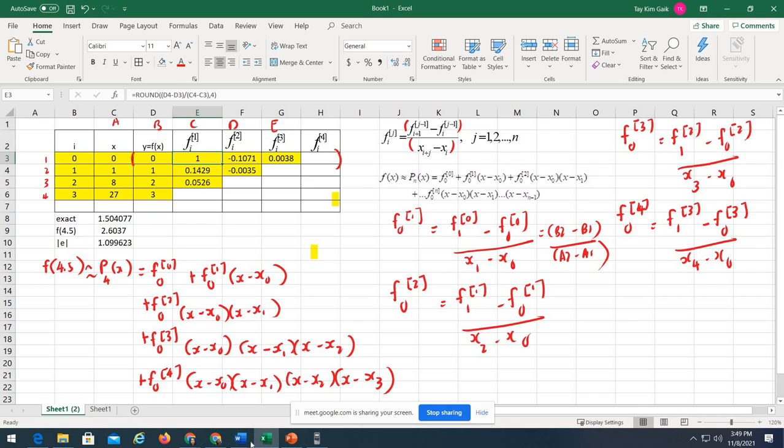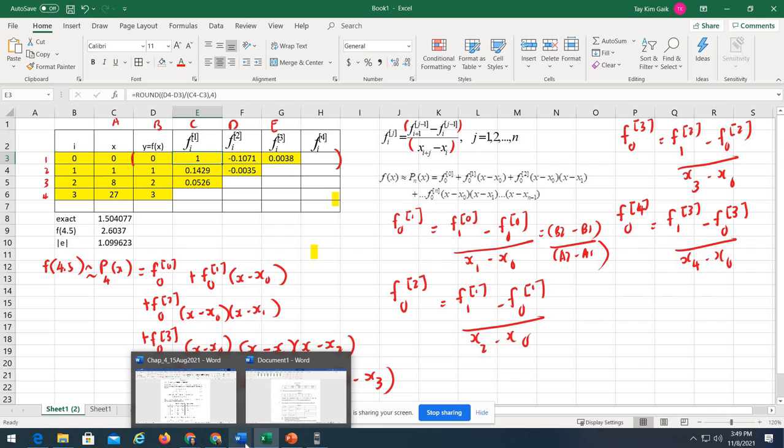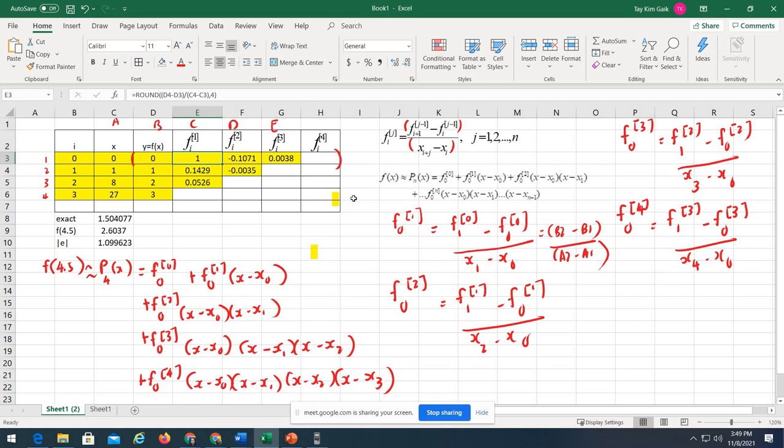Can you get this value? If you calculate, I think most of you like to calculate using calculator. Am I right? Do you prefer using Excel or your calculator? Excel is easier.